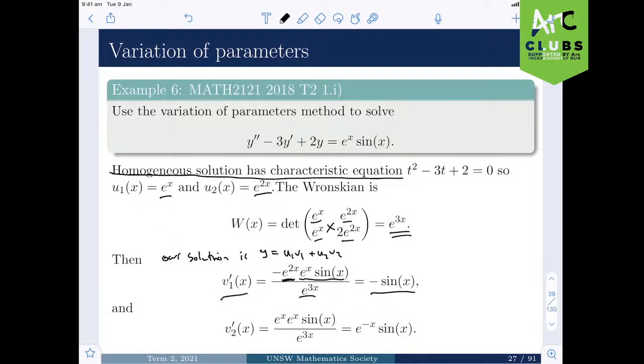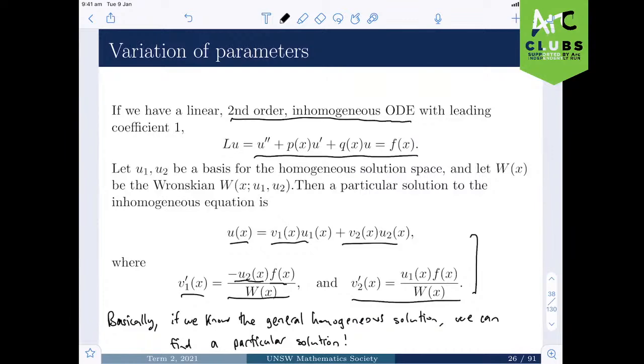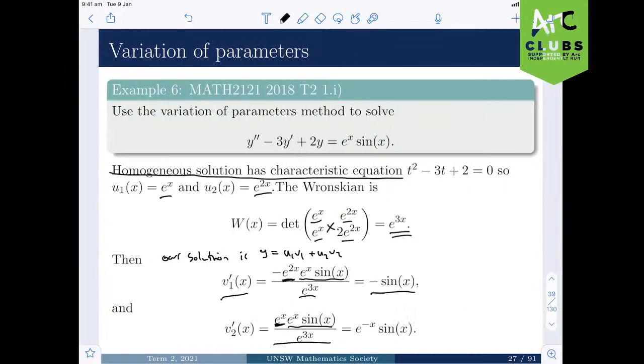Similarly, using the formula again, v2 dash is the first homogeneous solution, u1, times f, which is the right hand side, over the Wronskian again, and we get this for v2 dash. Now it's just a matter of integrating to find v1 and v2.